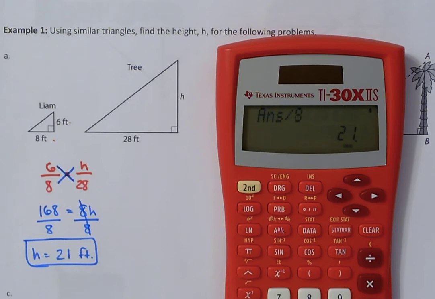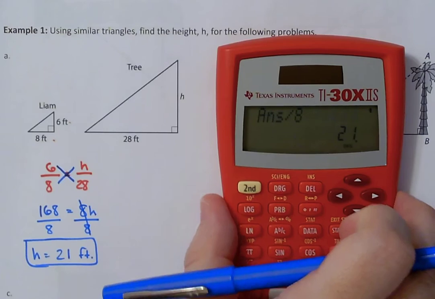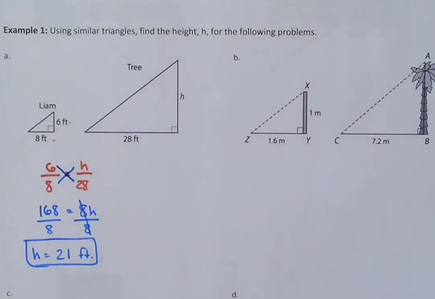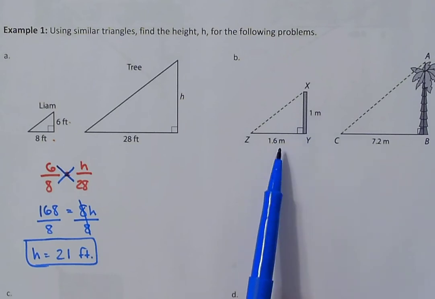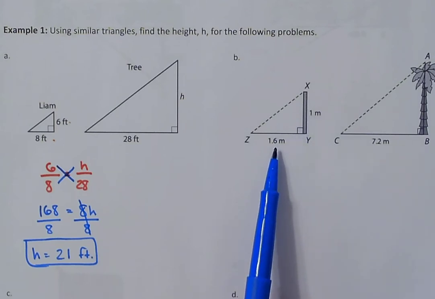So that is how you do all the problems related to example 1, where they give you one complete set of information for the height and a shadow of something, and then they want you to go through and figure out the height of the second object. So, to continue practice, let's take a look at B. We have some sort of pole that we know is 1 meter tall and is creating a shadow that is 1.6 meters long.